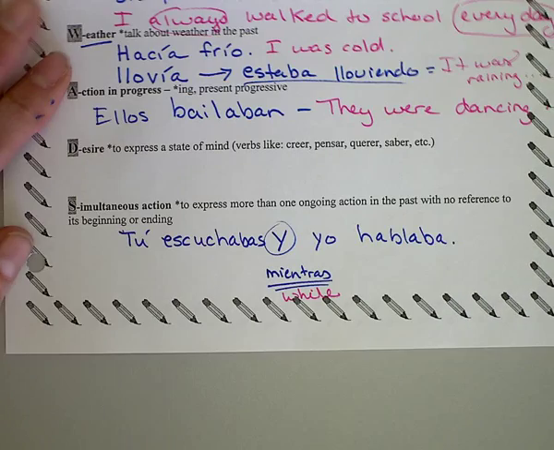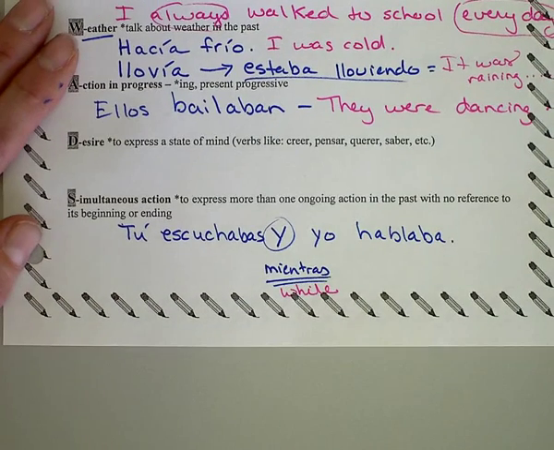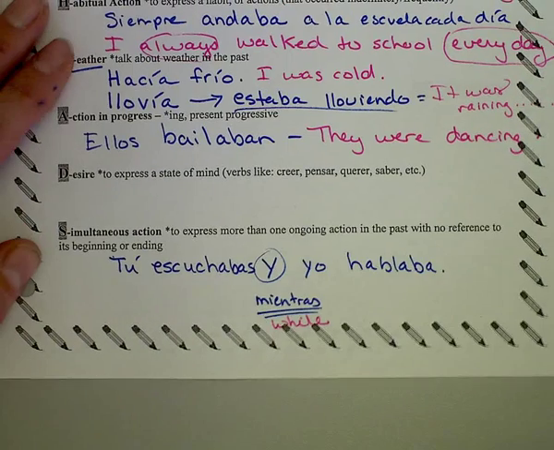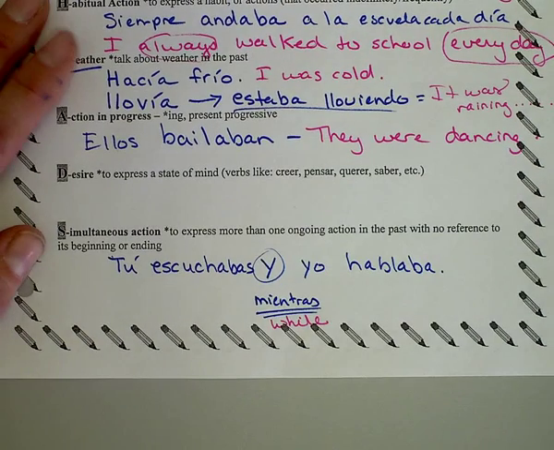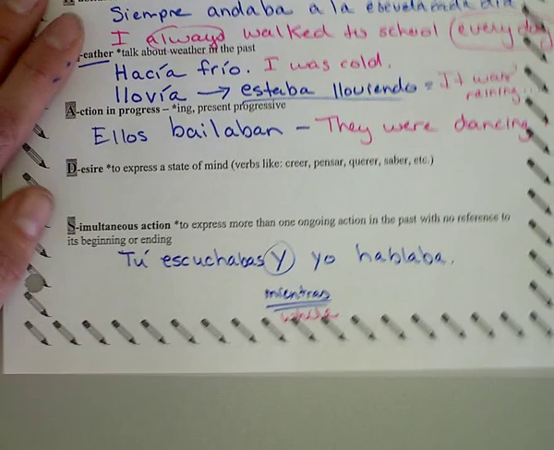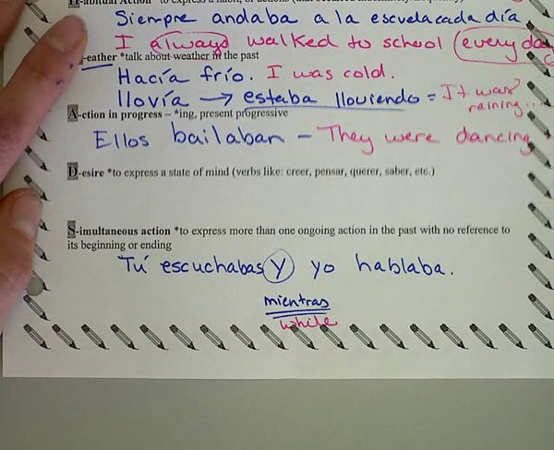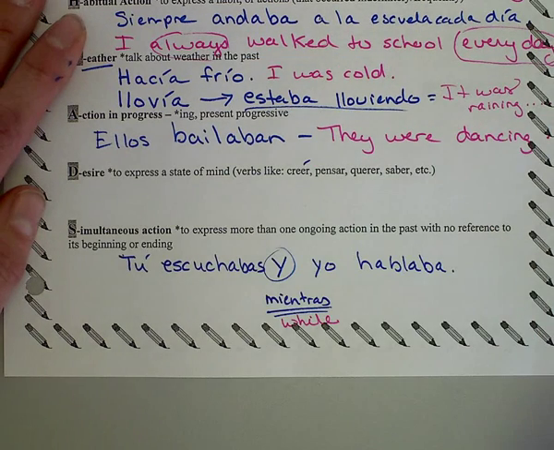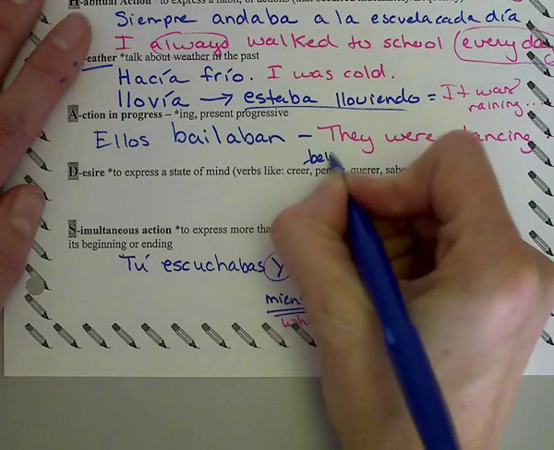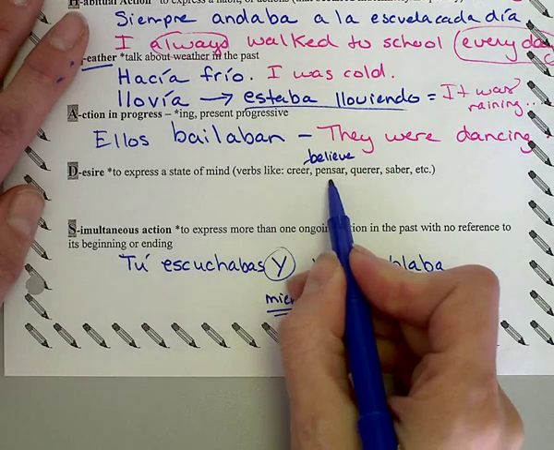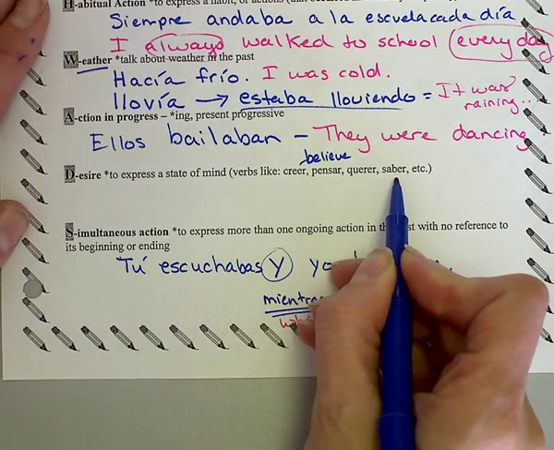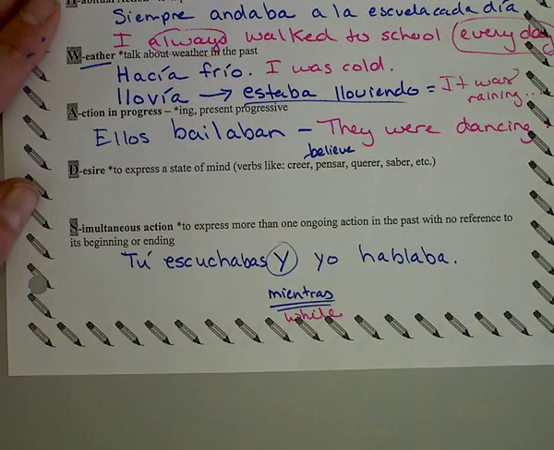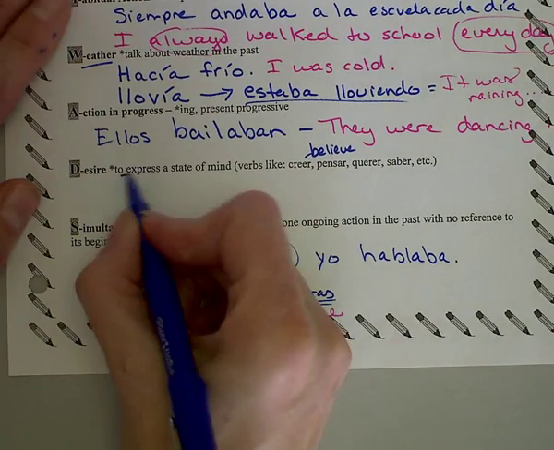So let's scoot back to the last one here. Desire. So these are the verbs like creer, pensar, querer, saber. Any kind of verb that involves a thought process. What's creer mean? What do you remember? Believe. So believe, to think, to want, to know. All of these things involve your cerebro, your brain. So you're indicating a state of mind.